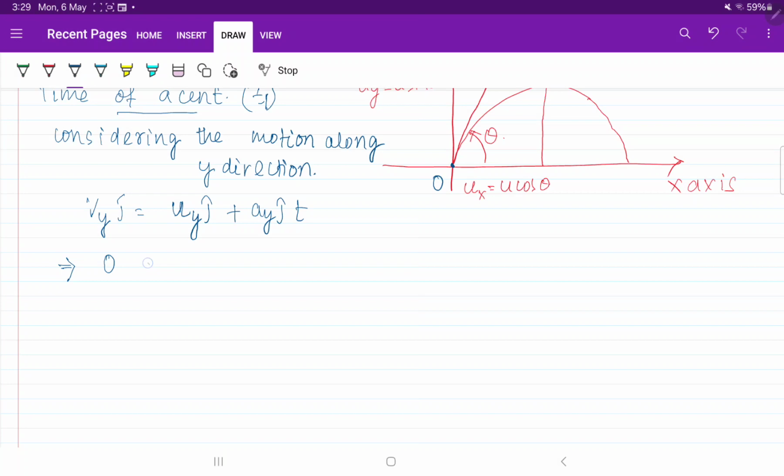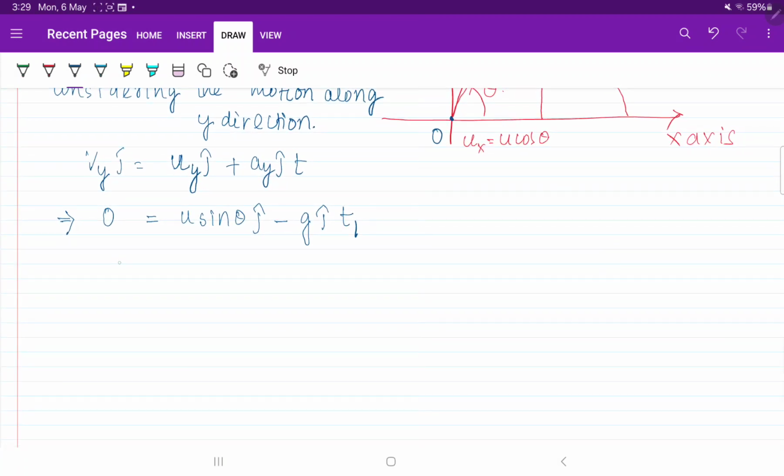Final velocity is 0 and initial velocity is Uy, u sin theta j cap, and as it is going upward, acceleration is negative g, so time is t1, time of ascent, so t1 can be written as u sin theta by g. This is the expression of time of ascent.